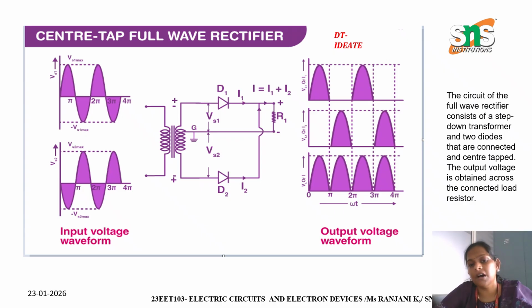So both half waveforms appear as pulses at the output. In this circuit diagram, the secondary winding is center tapped, which is grounded. Each diode works alternately: D1 conducts while D2 is off, and D2 conducts when D1 is off, so that the full waveform is produced.